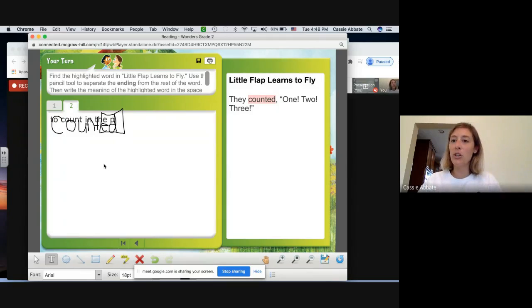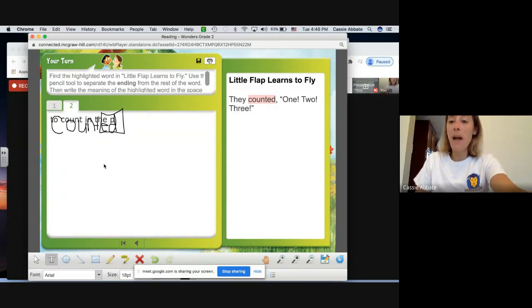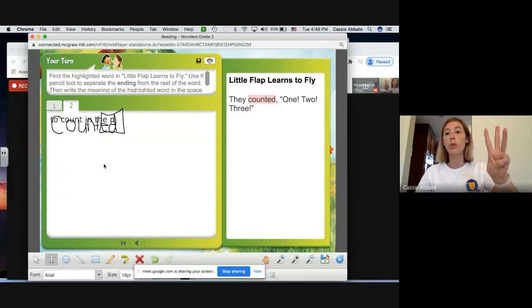So as they're telling the story, they're telling us what happened in the past, because Little Flap Learns to Fly is something that happened in the past and we're learning about it now. So they counted a long time ago. 1, 2, 3, right? Just like looked. He looked. So that was something he did previously.